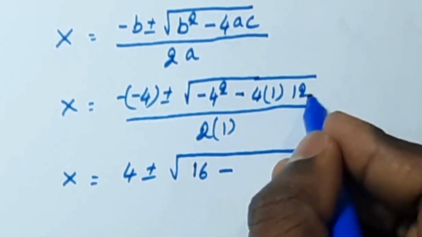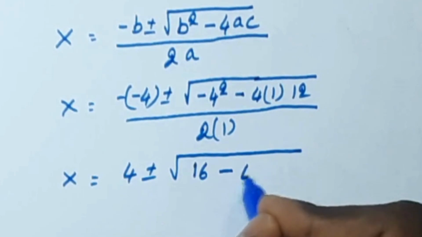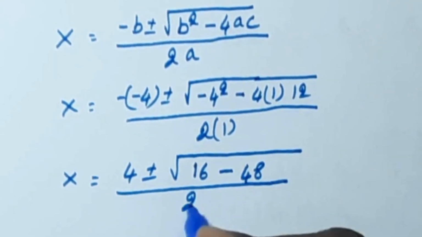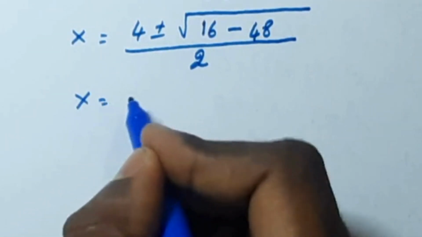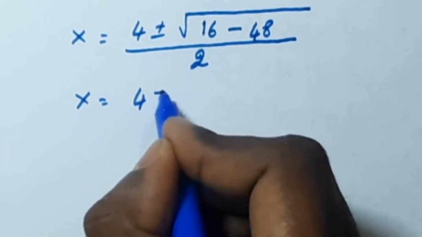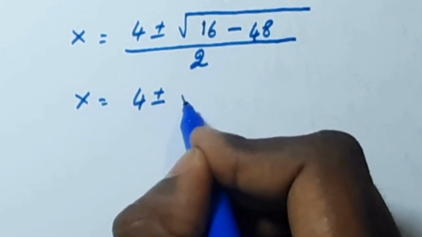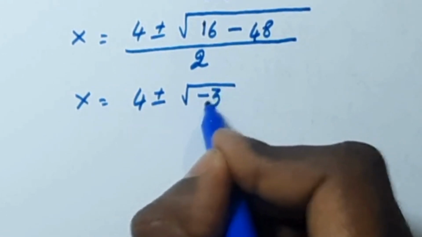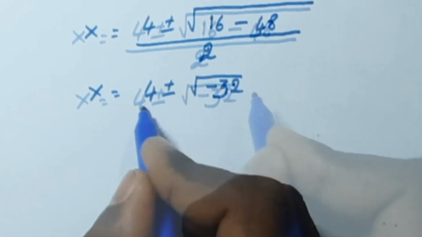This is 4 times 12 is 48, by 2. x equal to 4 plus or minus square root of minus 32 by 2.